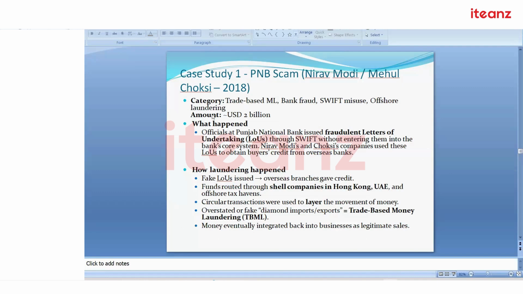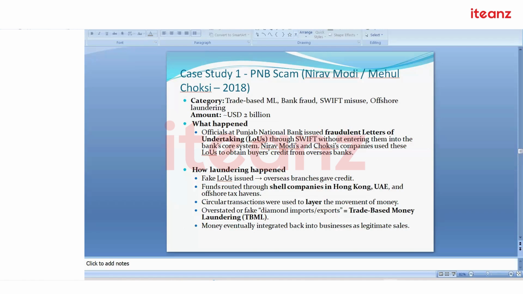How did that scam happen? He did money laundering through trade, basically.